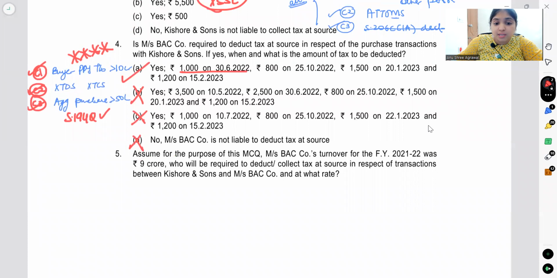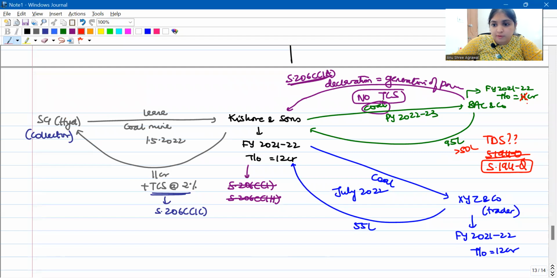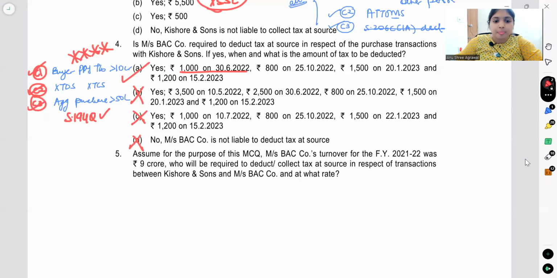Then fifth subdivision, assume for the purpose of this MCQ, Messrs. BAC and Co's turnover for 21-22 was 9 crores. What if BAC and Co's turnover instead of 11 crores was 9 crores? If it is 9 crore, then even 194Q will not apply. Right? If the preceding previous year turnover is within 10 crore, even 194Q will not apply.